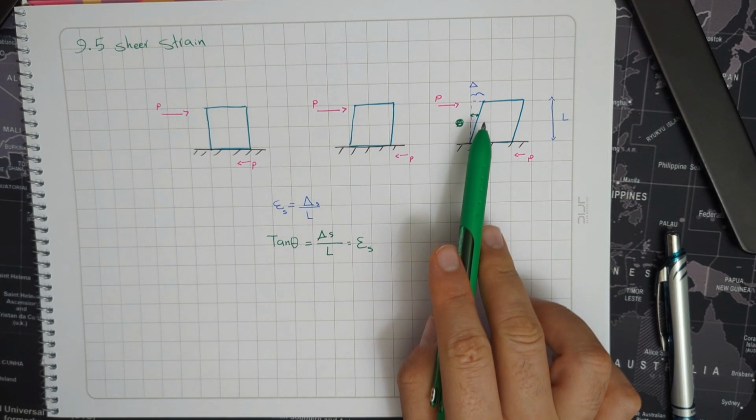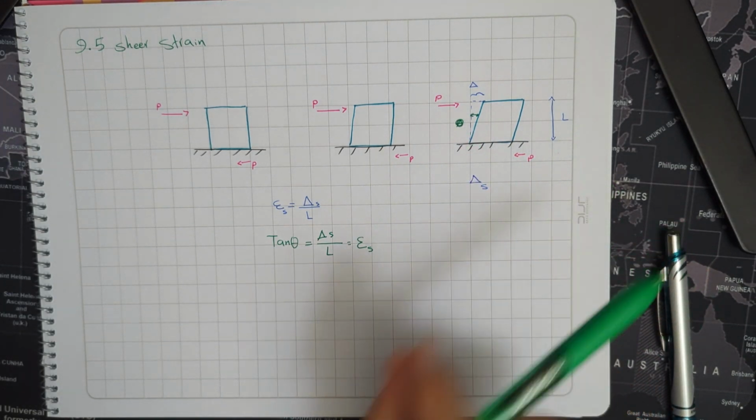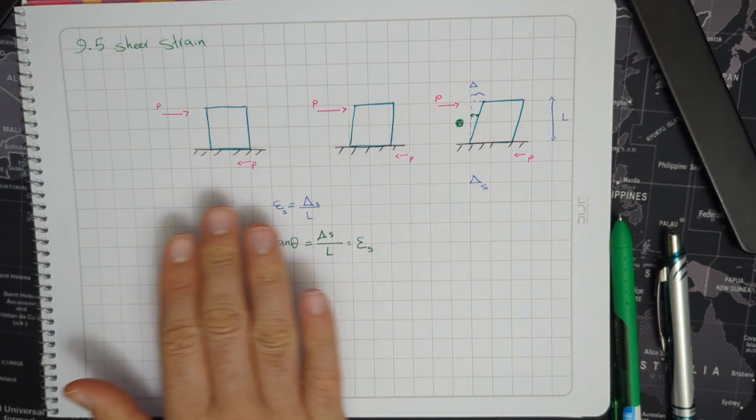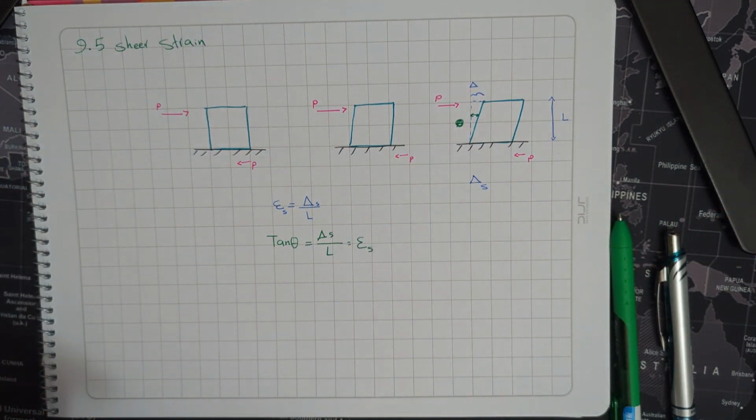Okay, and shear strain is always a very small amount, because materials don't have very big shear strain. They always have a small shear strain.